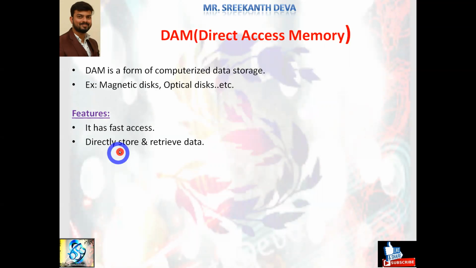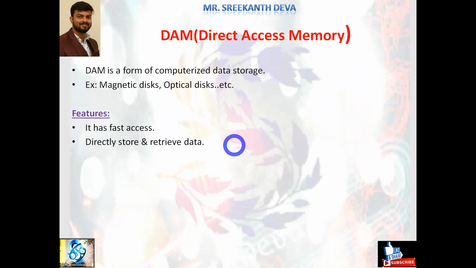Major features of direct access memory: we can directly store and retrieve data. It has fast access. Each storage position has a unique address and can be accessed in the same length of time.